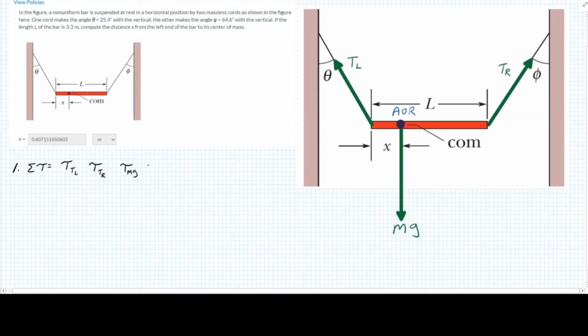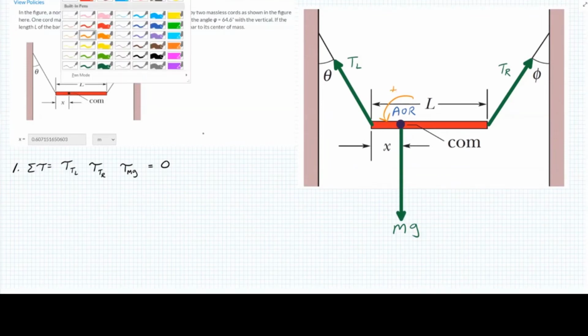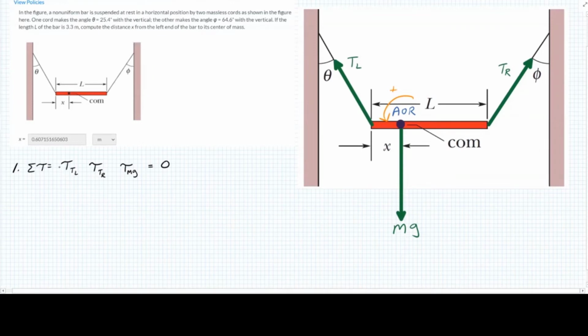All those torques have to equal 0. There's no angular acceleration. There's my AOR. Here's my standard default rotational coordinate system. So I can see that TL produces a negative, TR produces a positive, and mg produces nothing because there is no torque arm. Low-hanging fruit.